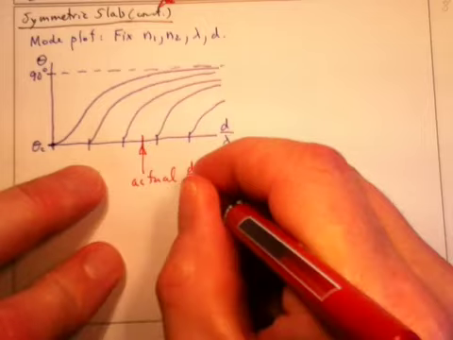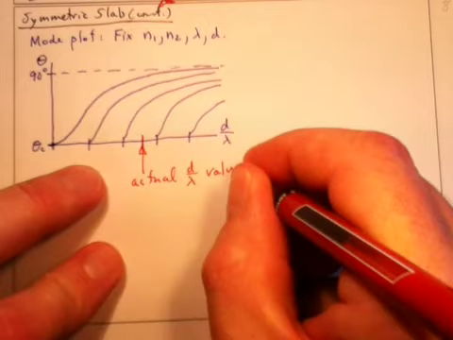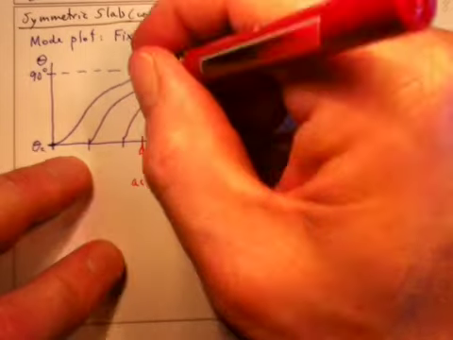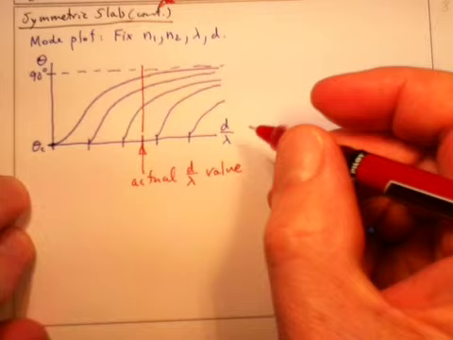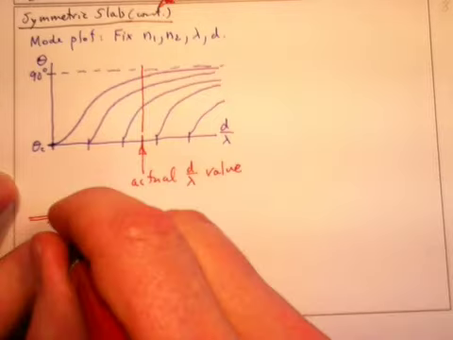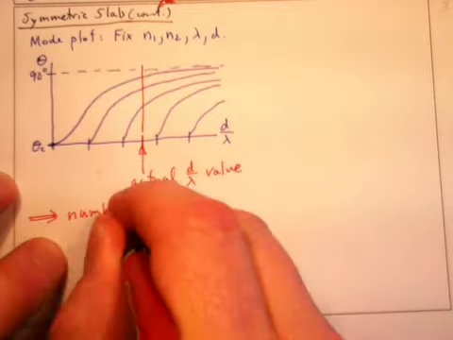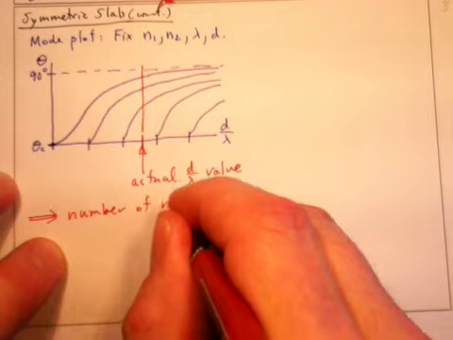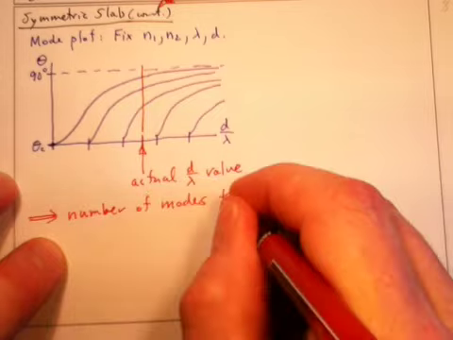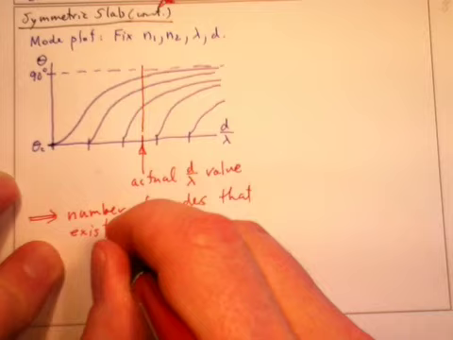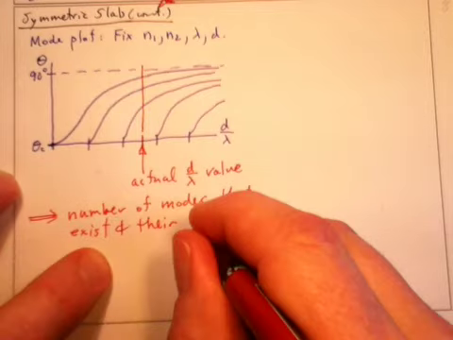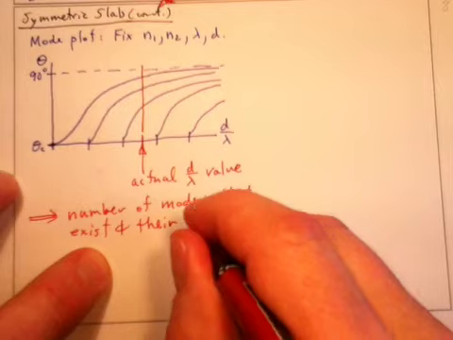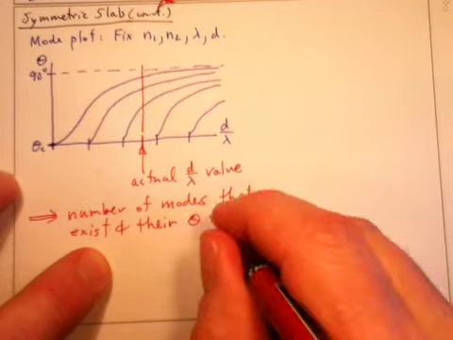From this graph we can read off the number of modes that exist and their theta values. These theta values are called zigzagging angles.